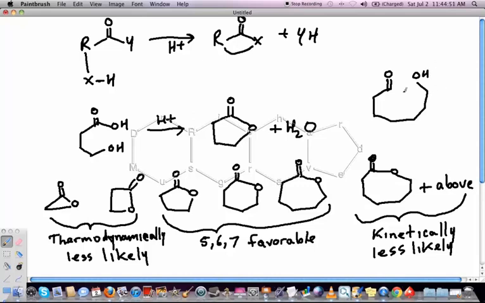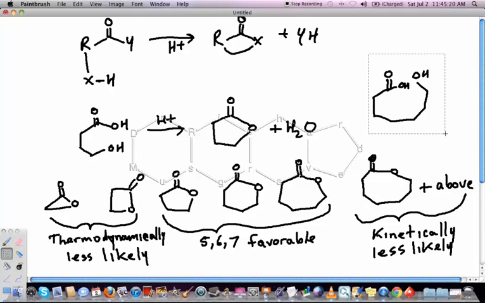You've got all of this stuff here, and the chances of this getting around to attack this C are very unlikely because of all the different ways this OH can orient itself. It can be sticking down here, it can be sticking over here, and getting it within striking distance of this C double bond O is going to be difficult, and that's the way it is for 8-membered rings and higher.